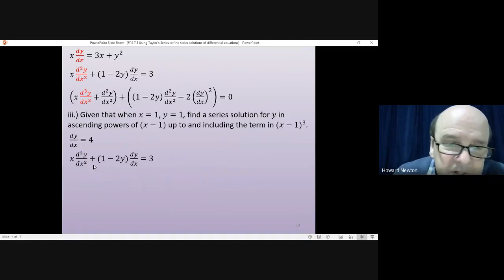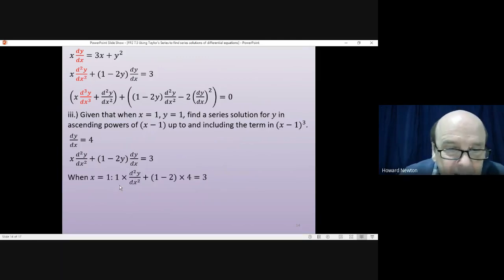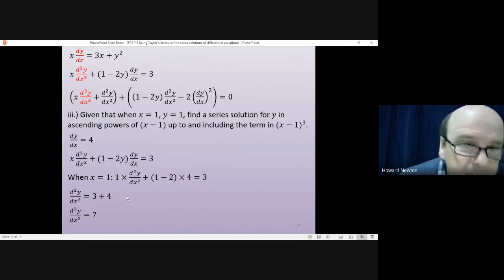And again, we're substituting in everything that we know. So we know that x is 1, y is 1, and dy by dx is equal to 4 when x is equal to 1. Substituting all of that into there gives us this, and that allows us to work out d2y by dx squared, which is 3 plus 4, which equals 7.